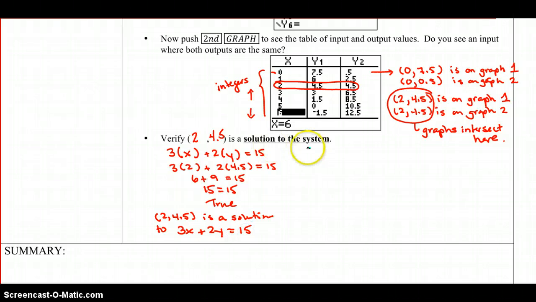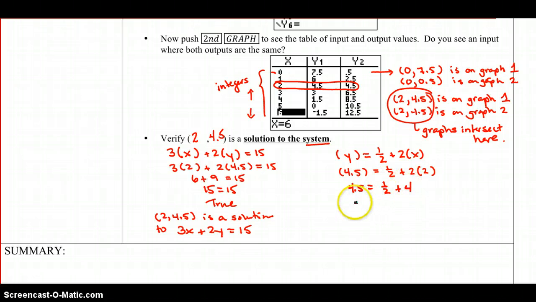Okay, but to be a solution to the system, it also has to be a solution to the other equation. So again, taking our second equation, and putting parentheses around each variable before we substitute values. So in for y, we're going to substitute 4.5, and for x, we're going to substitute 2. So we get 4.5 equals 1/2 plus 4.